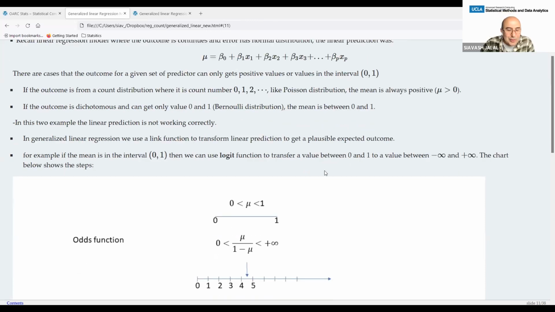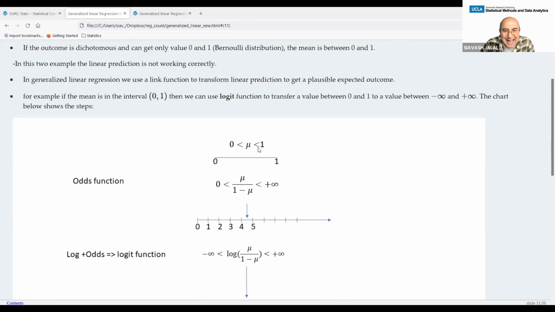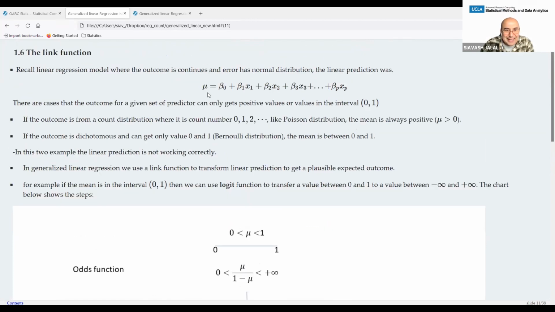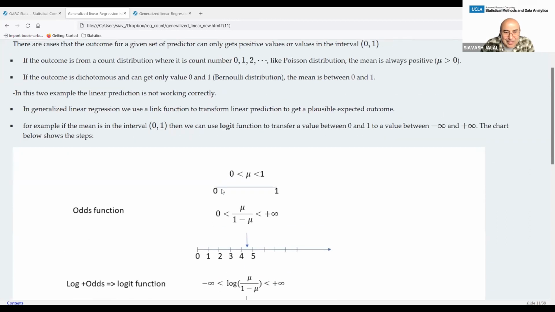now look at this. Let's say the estimated average of the outcome given a variable x is a value between 0 and 1, right? Then the mu here only covers from 0 to 1.